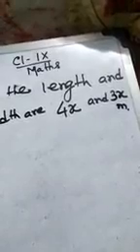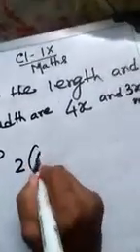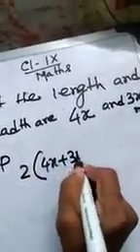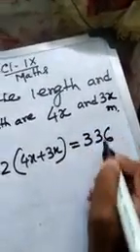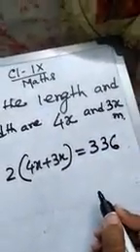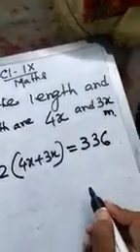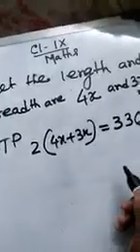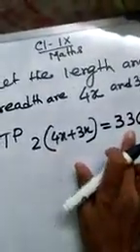Let us write, calculating the area of the field. According to the problem, 2 into (4x plus 3x) is equal to 336. The question says the path of 336 meter is covered by walking once round the field, so 2 into (4x plus 3x), that is the perimeter, is equal to 336.